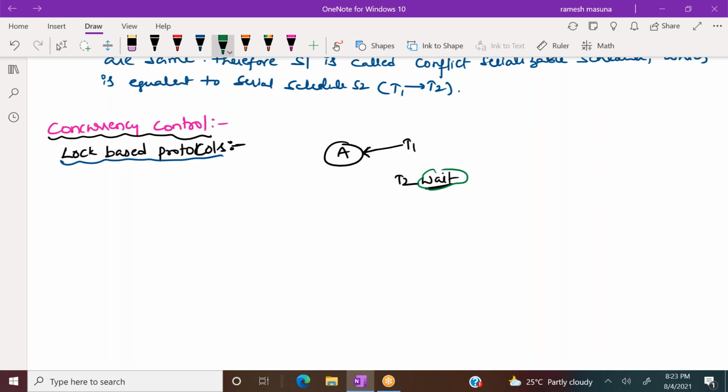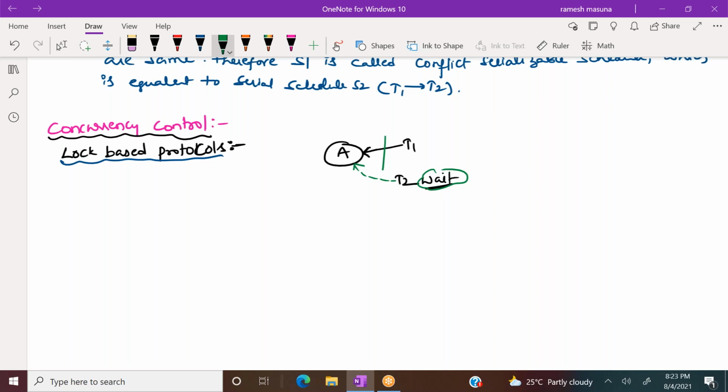Once T1 completes its operation, T1 is going to release the lock. Once T1 releases, T2, which is waiting, is going to get a lock. It means at any point of time, only one transaction can access the data item.